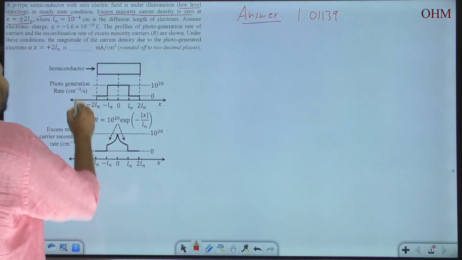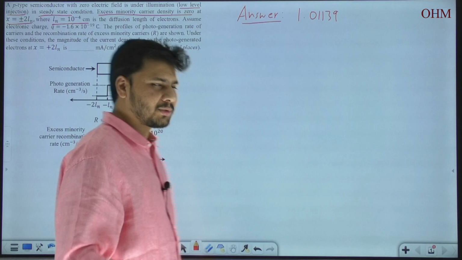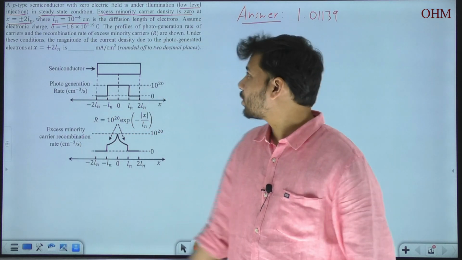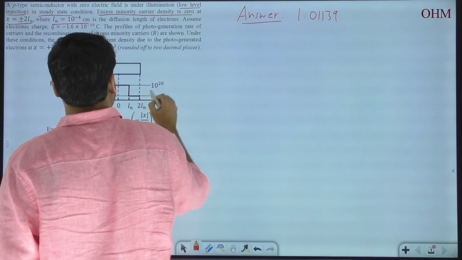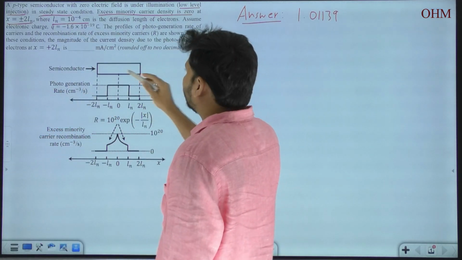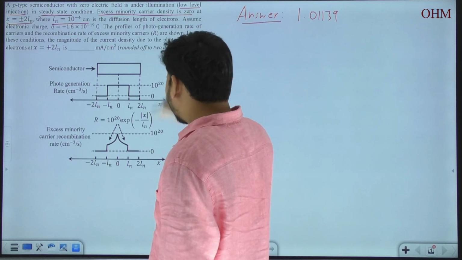Even the diffusion length of electrons is given. How much? 10 power minus 4 centimeters, which is 1 micron. Profiles of the photo generation rate, that is G in this graph, and the recombination rate of excess minority carriers, R, are shown.